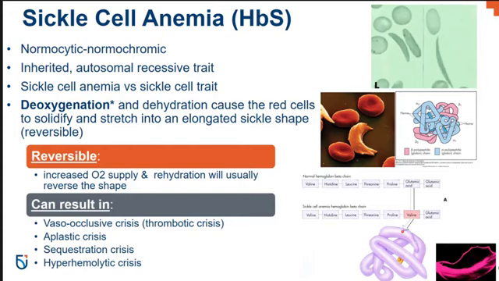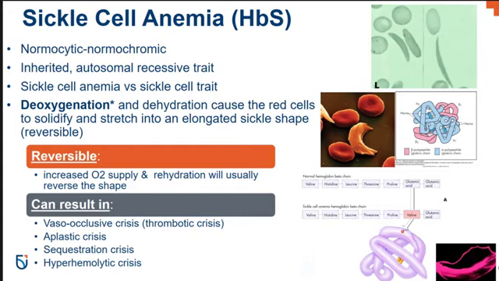With sequestration crisis, large amounts of blood can become pooled in organs such as the liver and the spleen. You can think of it as the sickled red blood cells getting stuck and causing congestion within the spleen and the liver, causing those organs themselves to not function properly.